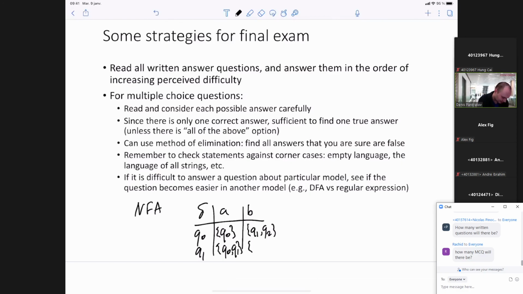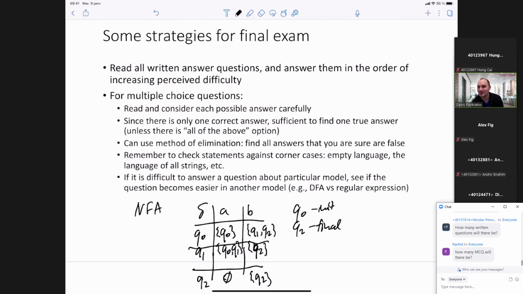And if you're reading B, you go to Q2. And then something like Q2, if you're reading A, it goes nowhere. If you're reading B, it goes back to Q2. And you're told that Q0 is the initial state and Q2 is final.